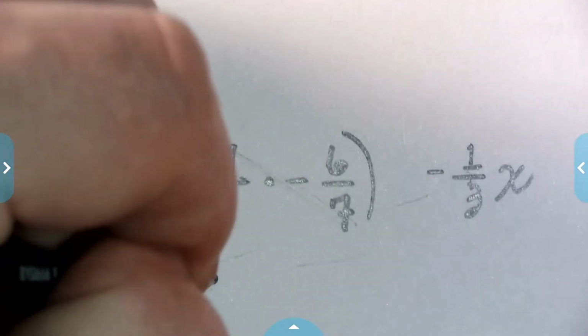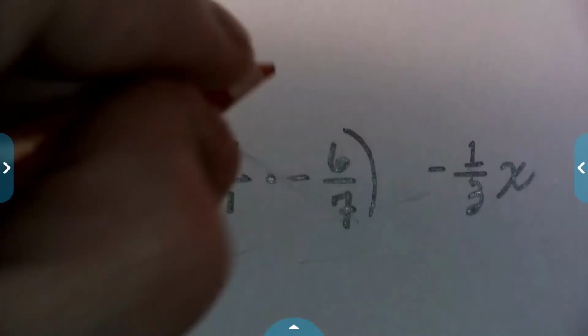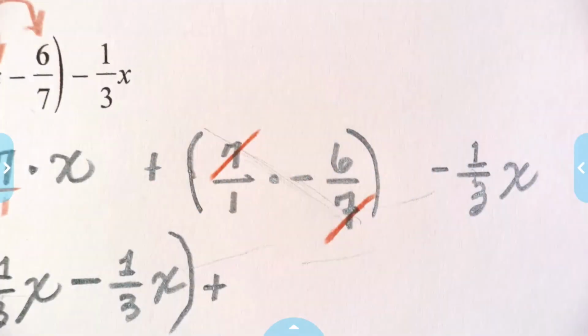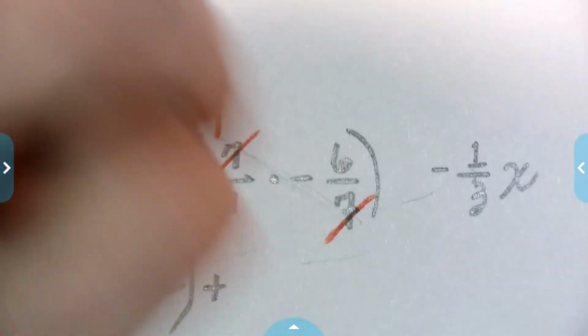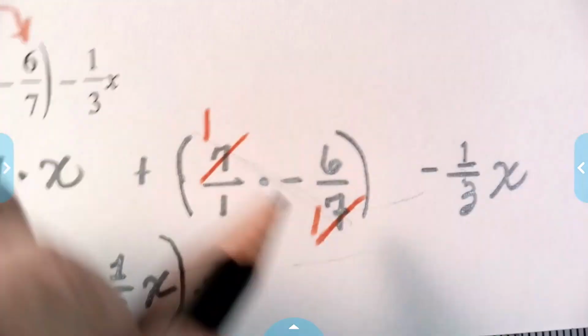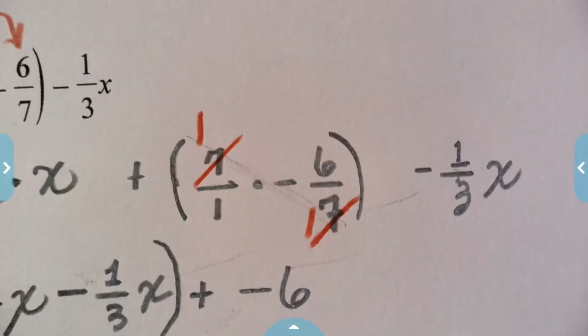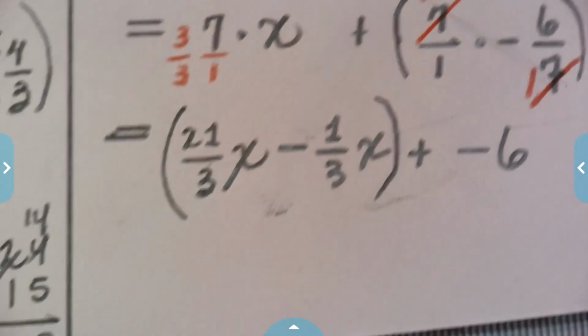But here's the fun part, plus. Well, I can cancel those 7s down to 1s. And 1 times negative 6 is negative 6, and 1 times 1 is 1. So this is just plus negative 6. In other words, minus 6.